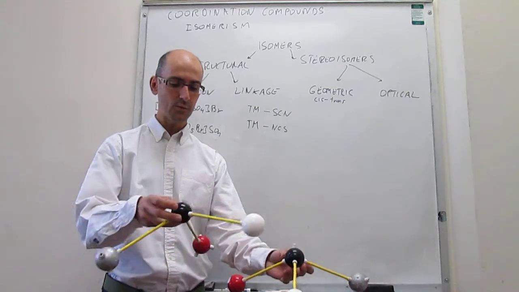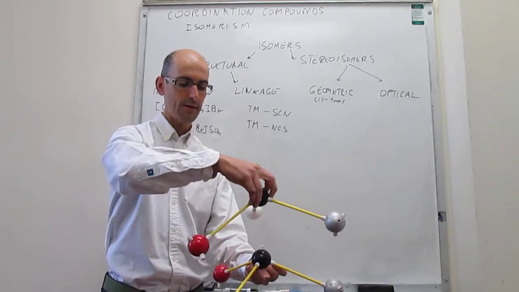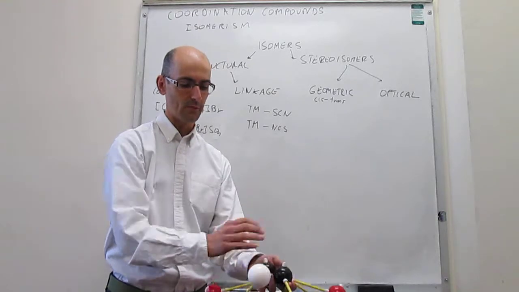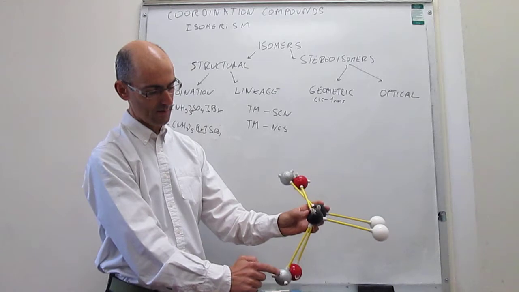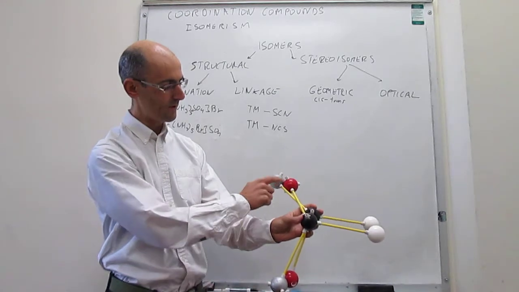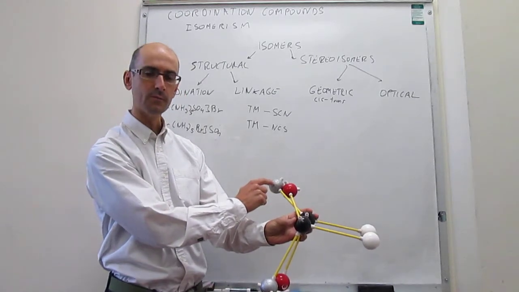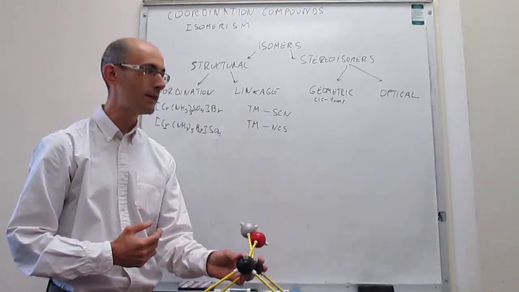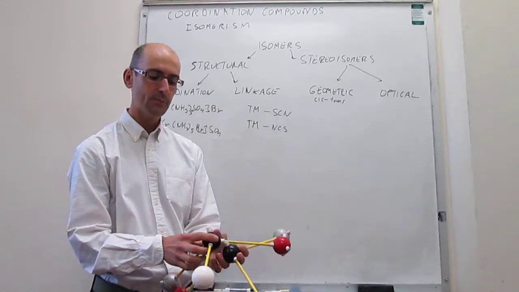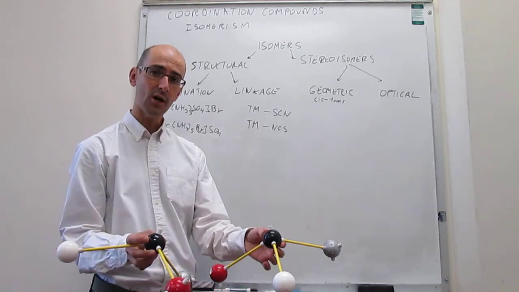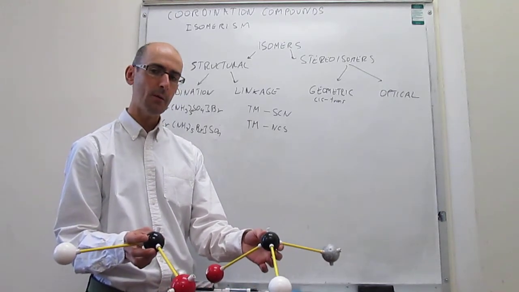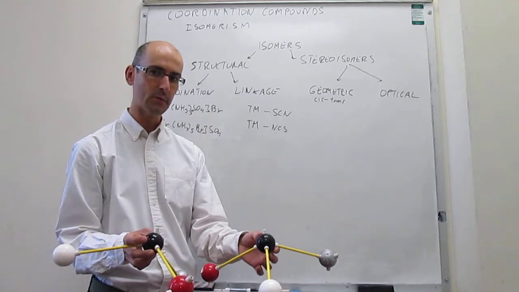But now if you try to superimpose them, you actually find out that it's impossible to superimpose them, right? Notice that if you try to align them along this line, this atom does not correspond to that one, and this atom does not correspond to this one. Okay, so that is the definition of an optical isomer. Optical isomers are mirror images of each other, but they are non-superimposable.